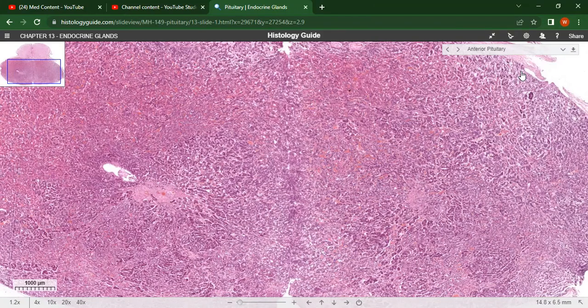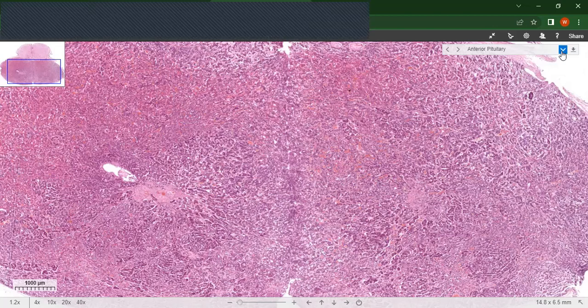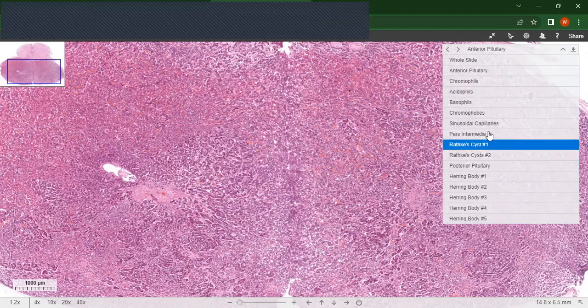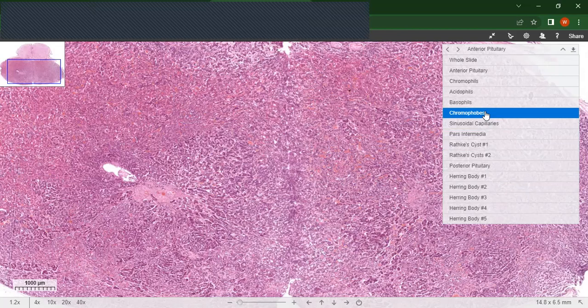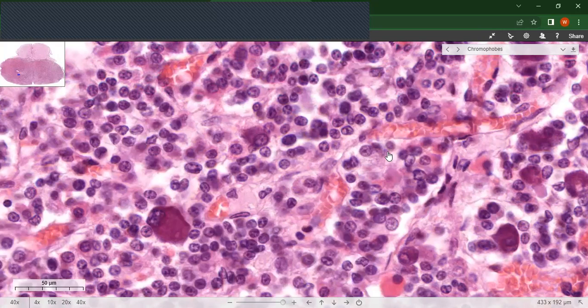This is the H and E stain we have used in this slide. The ones which take up the dye are called chromophils, and they usually produce hormones. Chromophobes do not take up the stain and do not produce any hormone. They are just there.